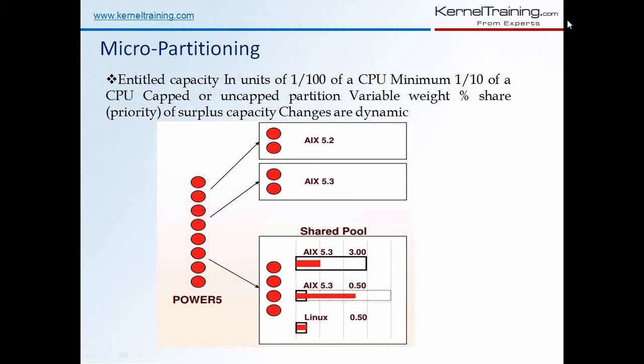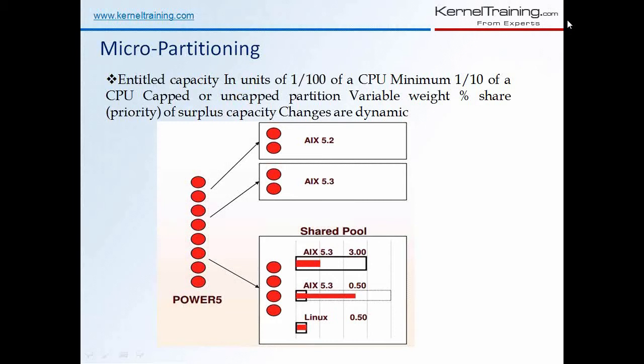So what is micro-partitioning? As I discussed earlier, suppose it is my test server, and it does not require too much CPU. If I don't have the micro-partitioning feature, I need to invest one physical CPU for my test environment, plus some RAM and some IO devices. If the requirement is 20%, I am investing 80% extra CPU.